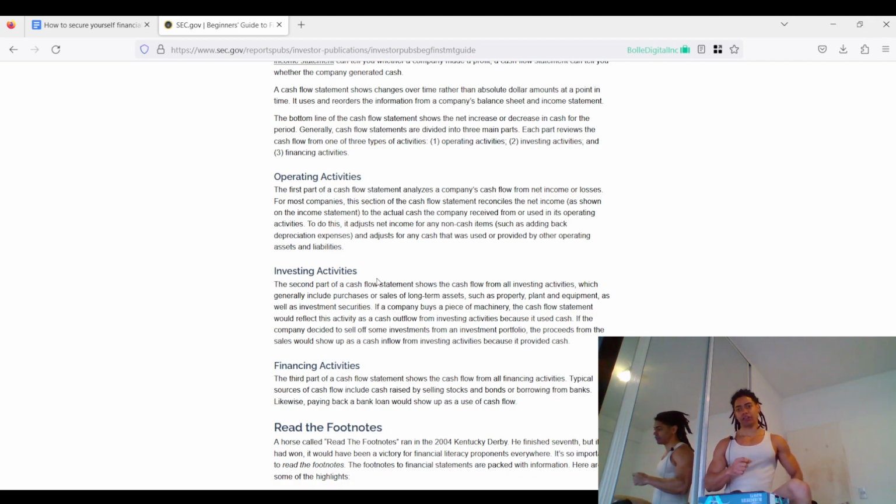And when it comes to the investing activity, generally, it involves the purchase or sale of long-term assets, such as property, plant, and equipment, investments, intangible assets, and leasehold improvements.